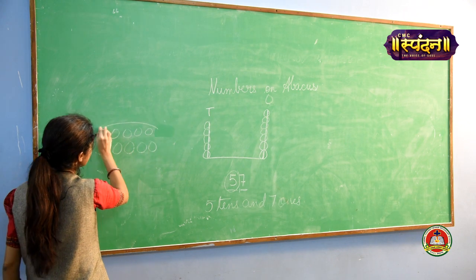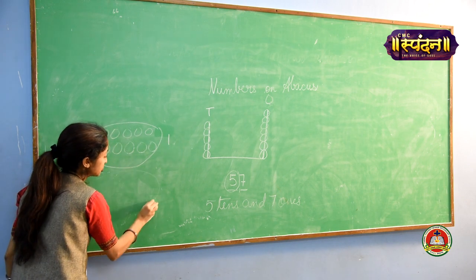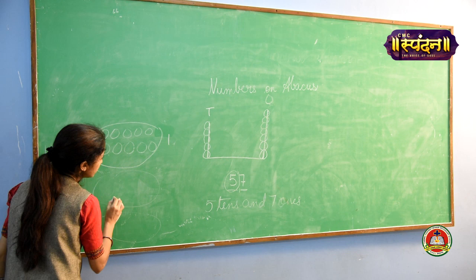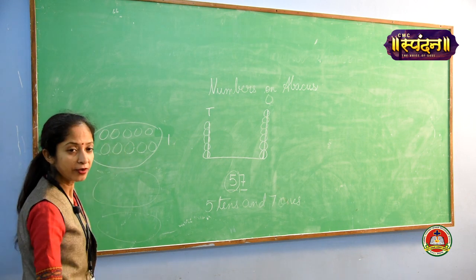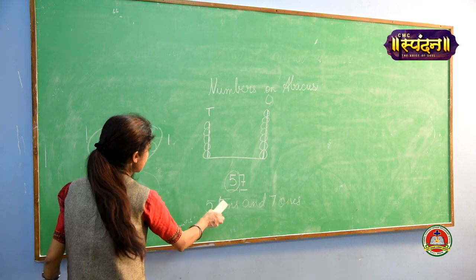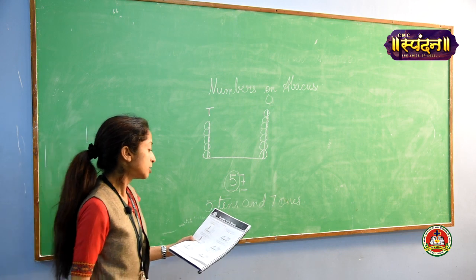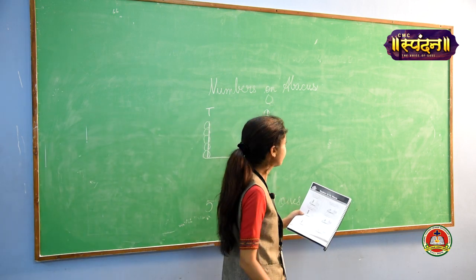This is one group of 10. Similarly, we have 5 such groups: 1, 2, 3, 4 and 5. That's why it is 5 tens, and 7 is only ones. Is it clear? Now coming to next, this abacus shows 2 tens and 4 ones.